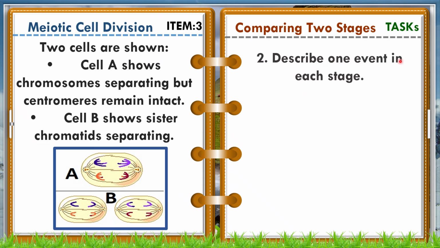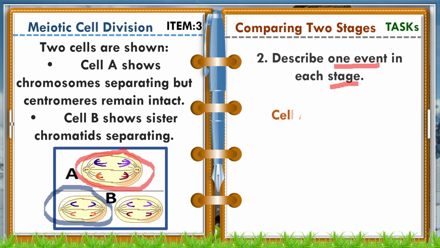Describe one event in each stage. They want us to describe one event in each stage, one event taking place in anaphase 1 and one event taking place in anaphase 2. Can you look at those events and describe them?